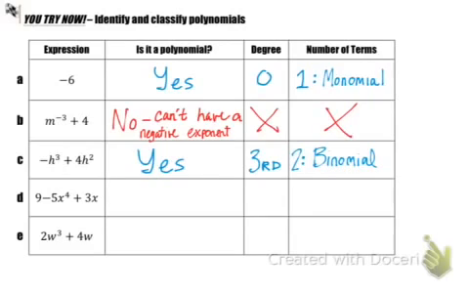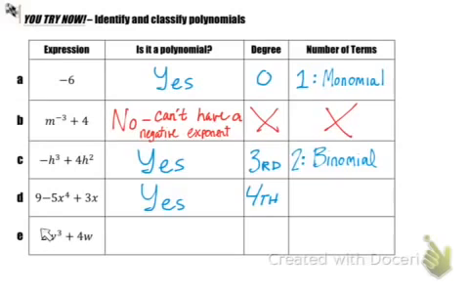Alright, for D, 9 minus 5x to the fourth plus 3x, is it a polynomial? Absolutely. And the degree, well, be careful because this is not written from left to right where the exponents decrease. So the highest degree would be to the fourth.